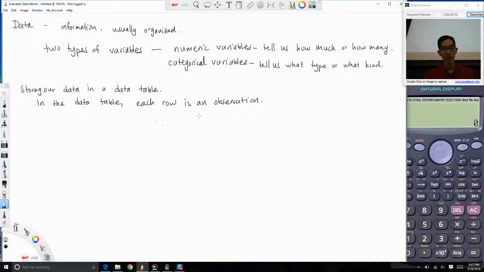In the data table, each row is an observation. So what this means is that in our data table, we have one row for each observation. We will have n rows in our data table, because you have one row for each observation.